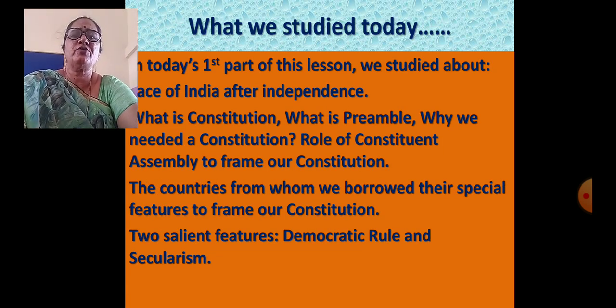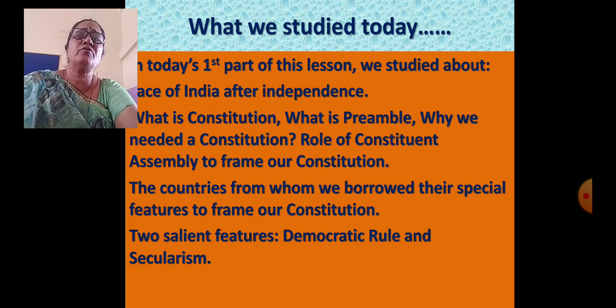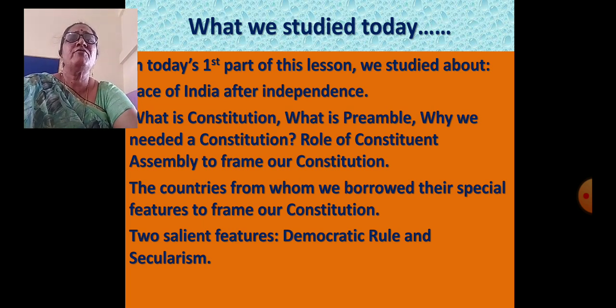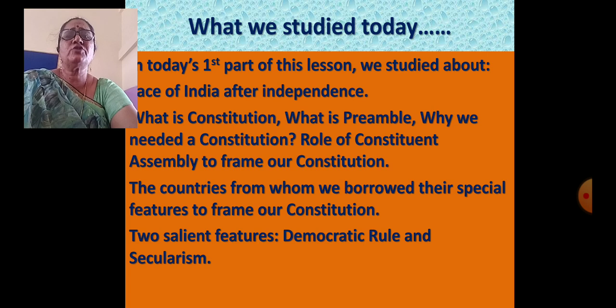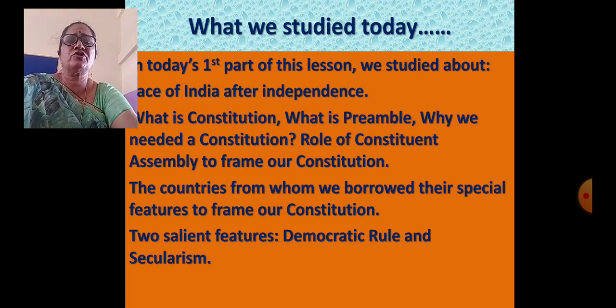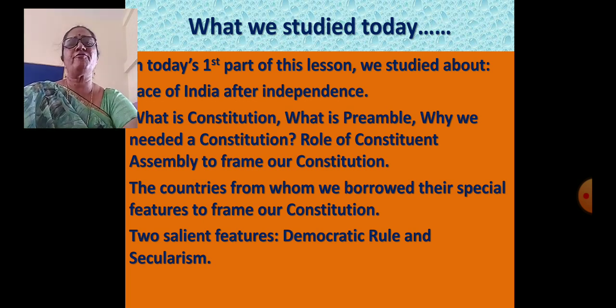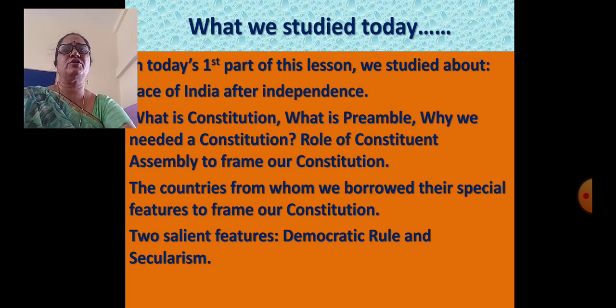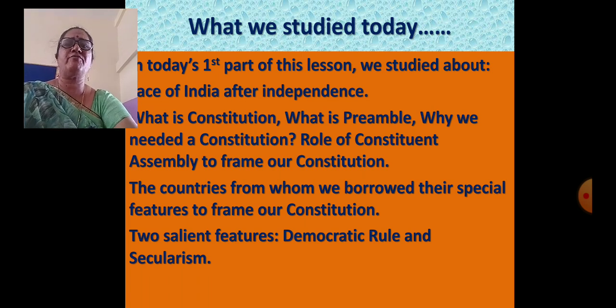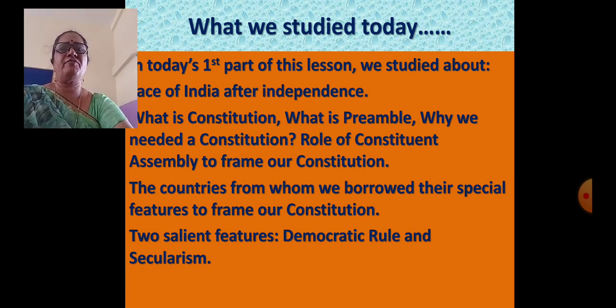So children, in today's first part of lesson number 3, Indian Constitution, we have studied the face of India after independence. What exactly does constitution mean? What is the preamble? Why did we need a constitution for our country, according to which we have adopted a democratic form of government? What was the role of the Constituent Assembly in framing the constitution for our country?